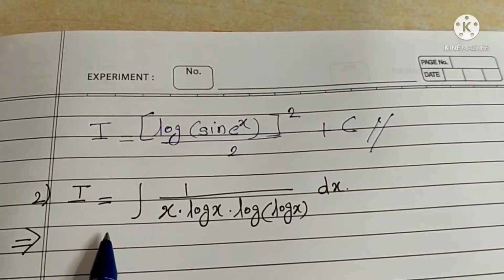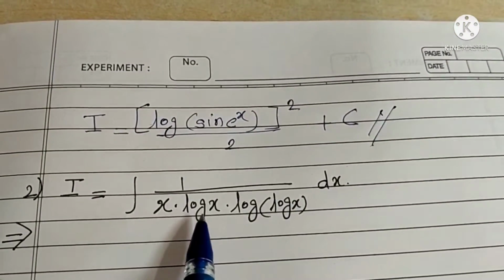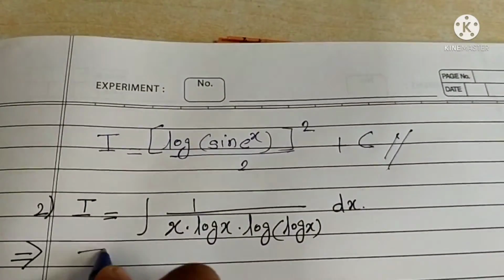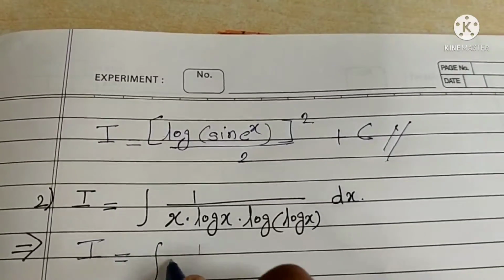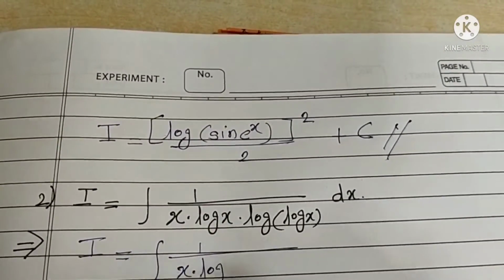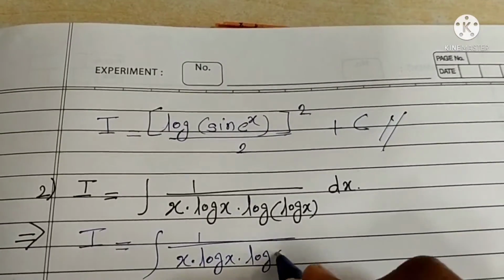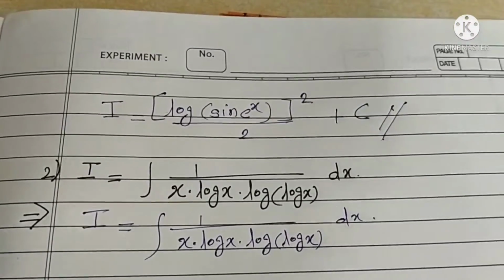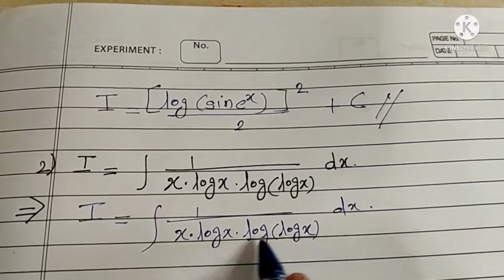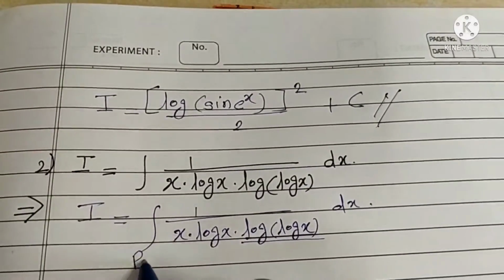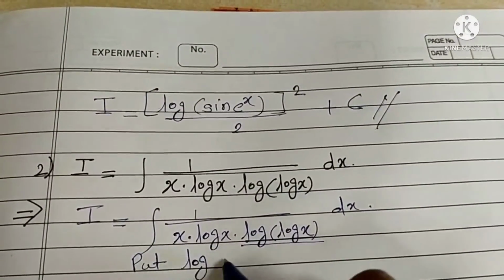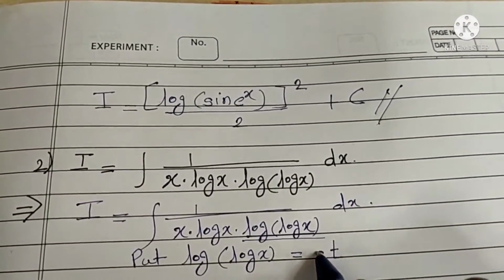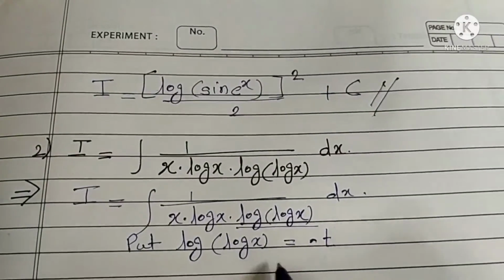Now next example. I is equal to the integration of 1 upon x log x into log of log x dx. First write it as it is. Now put log of log x equal to t. Now differentiate.